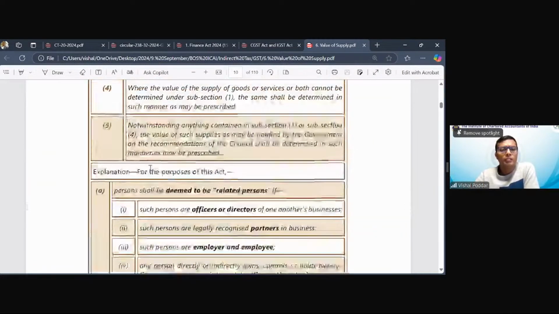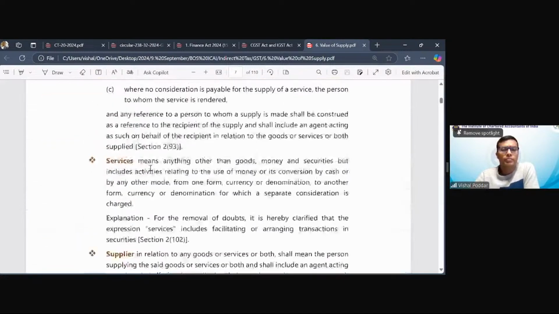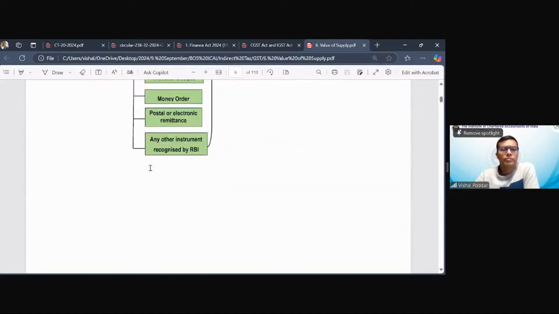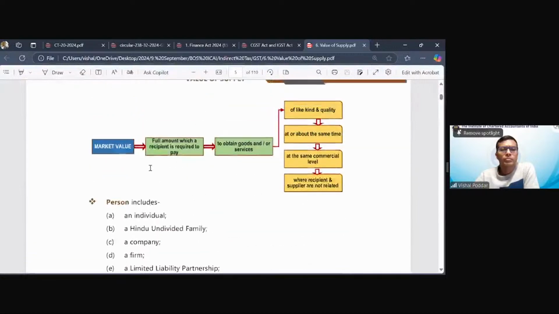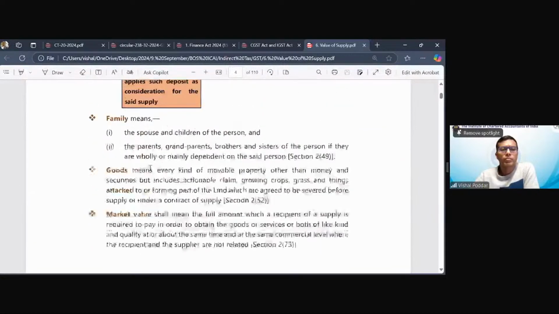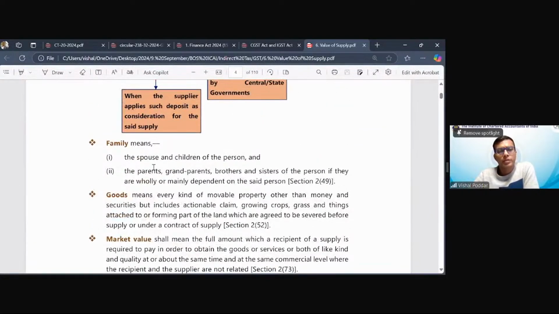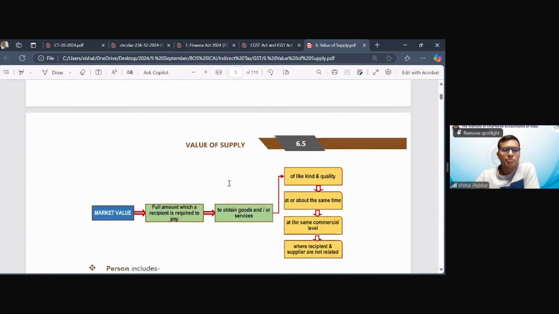Family over here means your spouse, your children. Now, for this point, there is no condition of dependency. And then in the second part, your parents, grandparents, brothers, sisters, provided they are wholly or mainly dependent. So this is what is family.